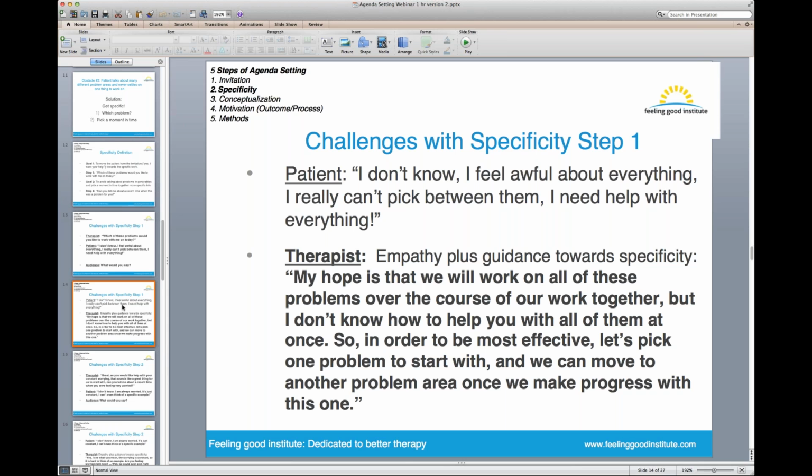But when a patient says, I don't know, I feel awful about everything, I just can't even pick between them because I need help with everything, I think they're showing a little resistance to picking. And that's where my response is more along the lines of helping them see that it doesn't matter too much. Let's pick one, and hopefully we'll work on each of these in sequence, but we can't stay general. We can't help you with everything at once. So let's pick one and work on that, and then we'll choose another and continue down the list.